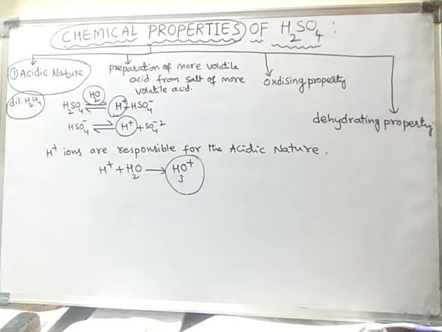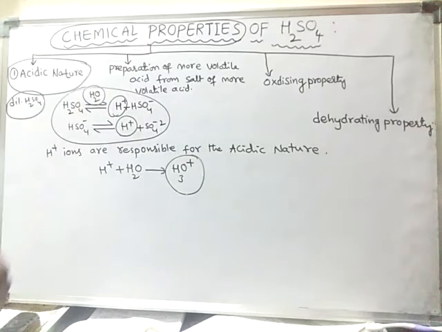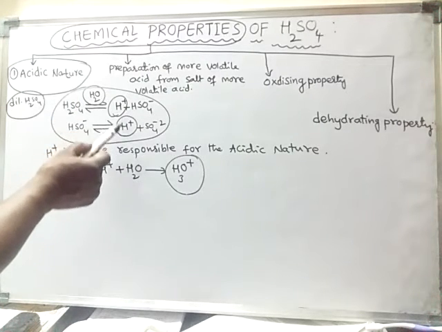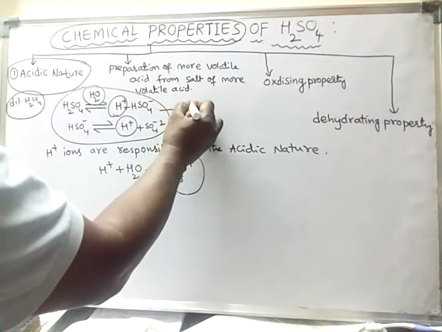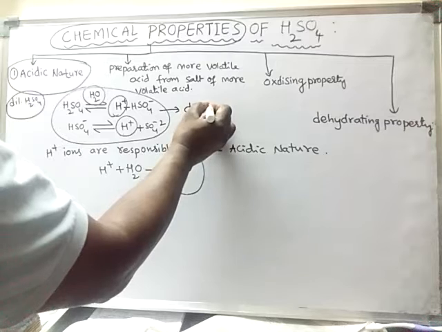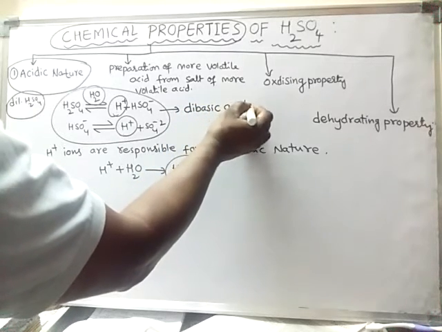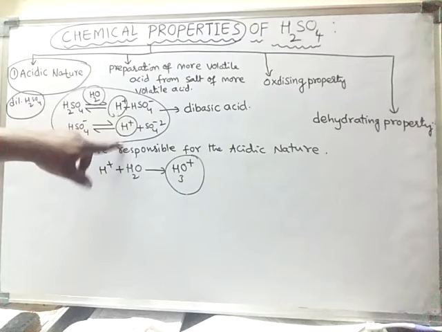Look here, as sulfuric acid is able to form 2 H plus ions, this sulfuric acid is said to be dibasic acid. It is called dibasic acid because one molecule of H2SO4 can produce 2 H plus ions.